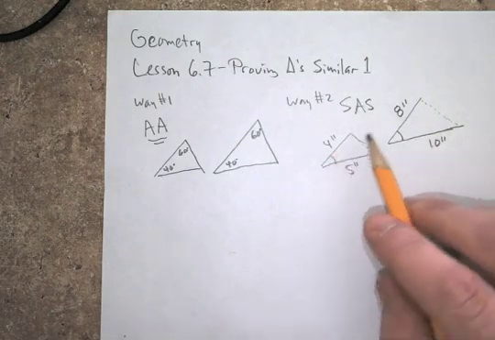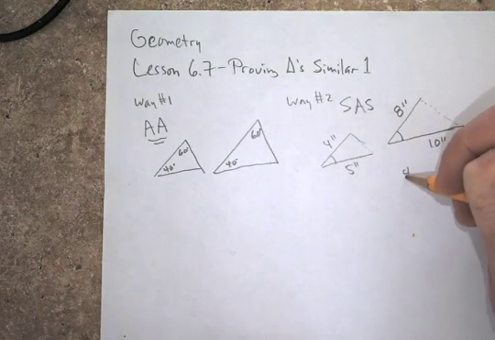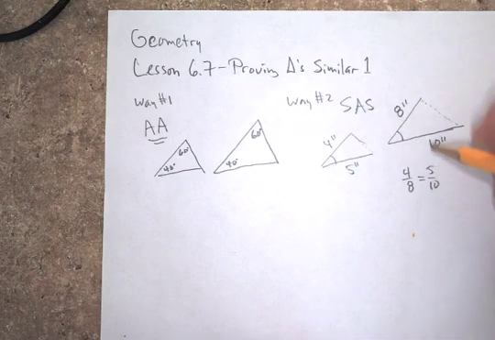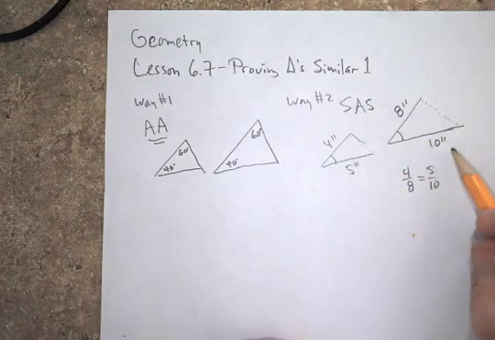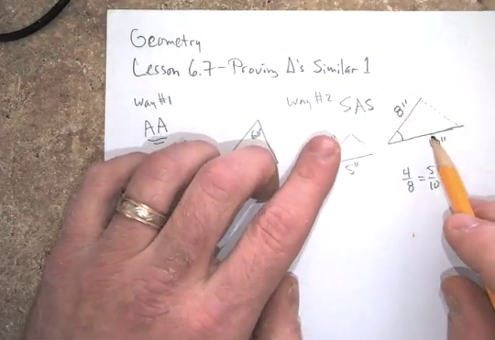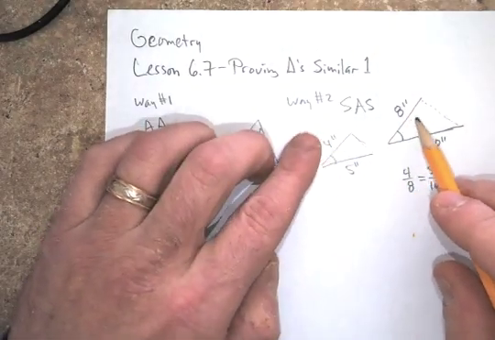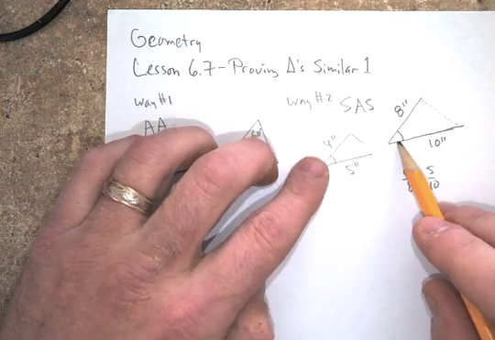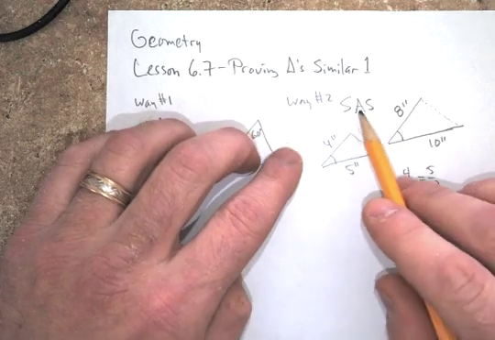So you can see we've got this proportion. In other words, 4 over 8 is equal to 5 over 10. So the sides are proportional, and the angle between them is equal. If you have two pairs of sides that are proportional and the angle between them is equal, that's SAS.